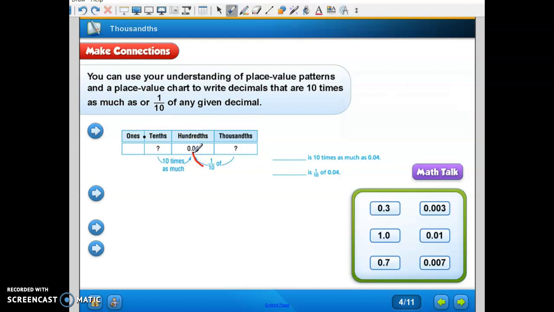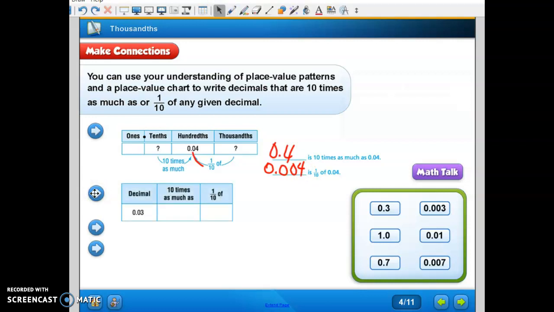So blank is 10 times as much as 4 hundredths, so we would have 4/10 there. And 1/10 of 4 hundredths is 4 thousandths. Very good. Good job.